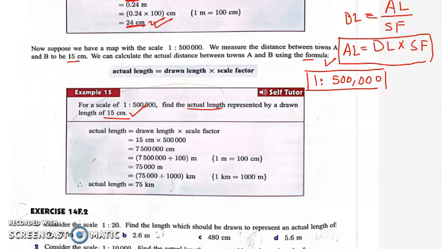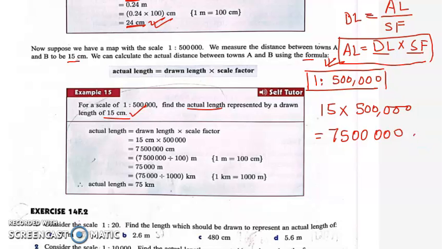Actual length is equal to drawn length times scale factor. Drawn length in the question is 15 centimeters, and the scale factor is 500,000. So that will give you 7,500,000. These are all in centimeters because it is 15 centimeters.